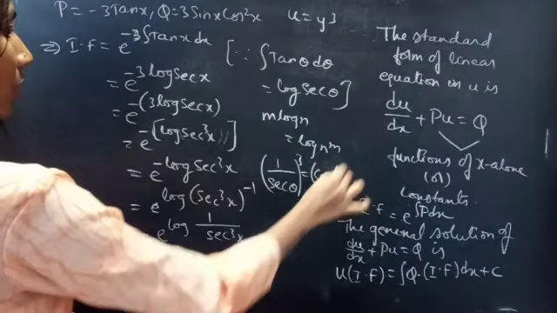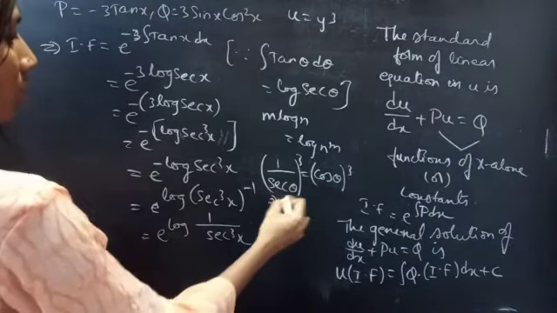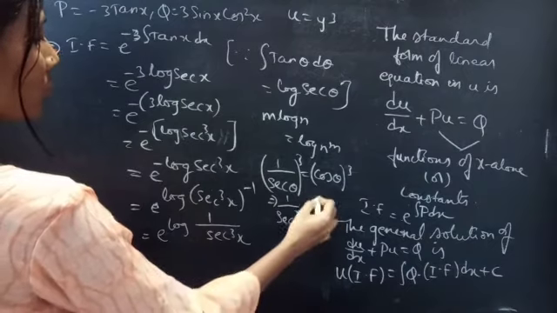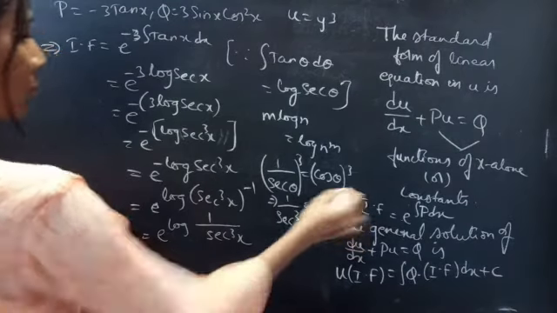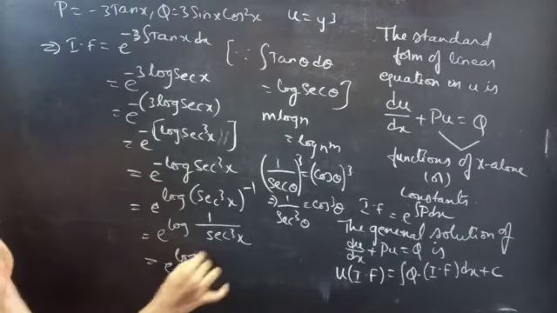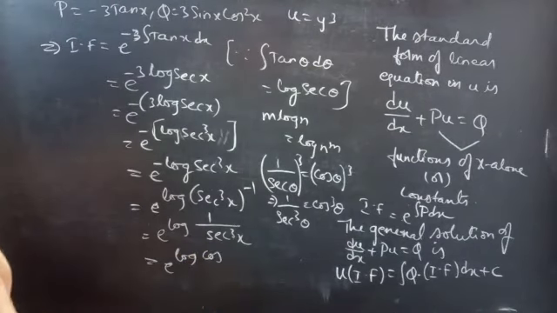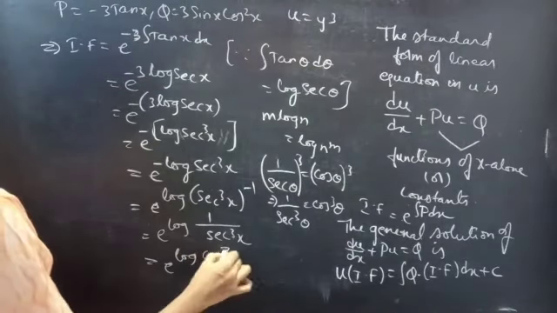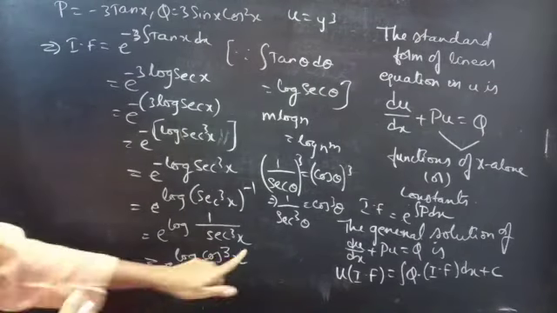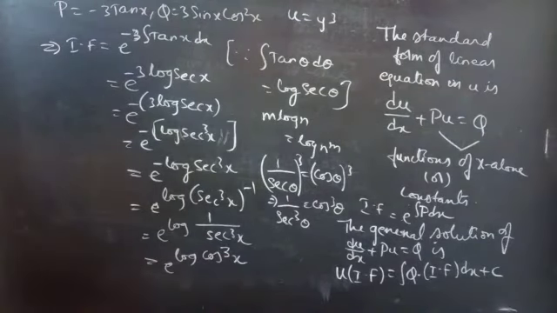If we take the power cube on both sides, we get 1 by secant cube theta equals cos cube theta. Then this becomes e power log cos cube x, since the reciprocal of secant cube x is cos cube x.